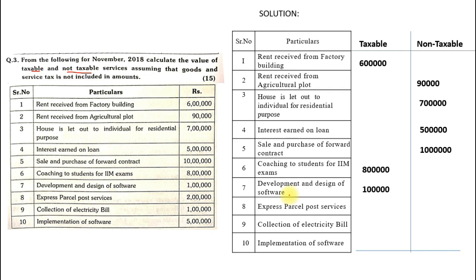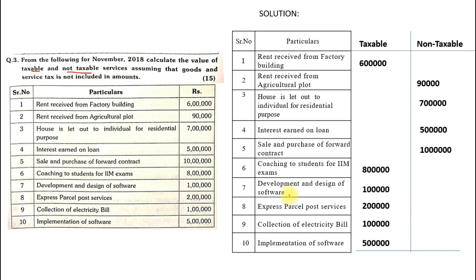Normal post service is exempted, but express parcel is like a luxury service that you have demanded. Anything which is luxurious will be taxable. Collection of electricity bill: yes, it is a service being provided, so it is taxable. Implementation of software: again software is IT related. As I told you, anything which is IT related will be completely taxable.